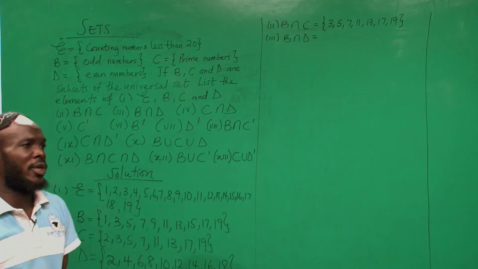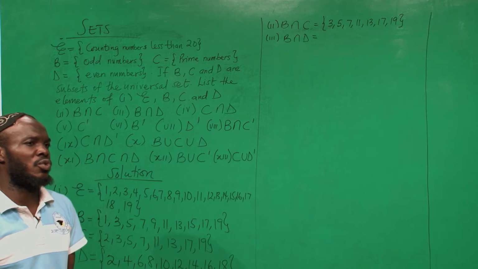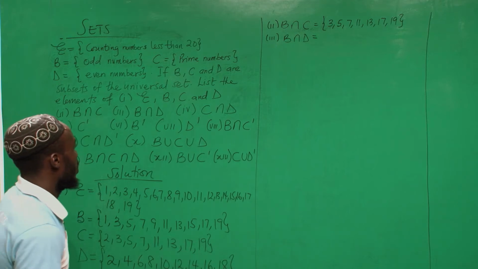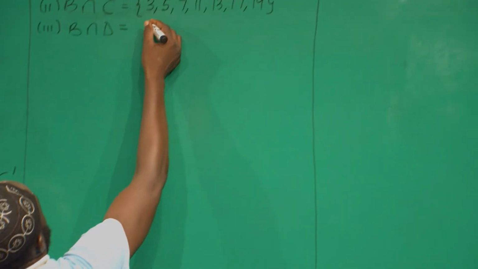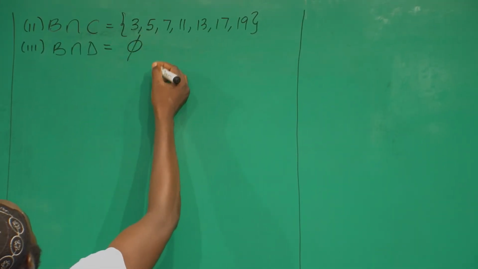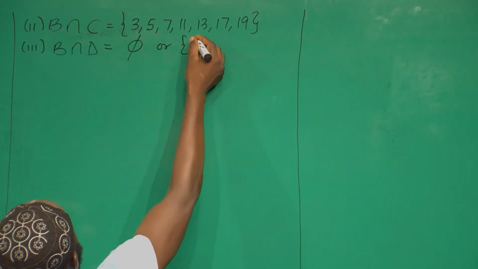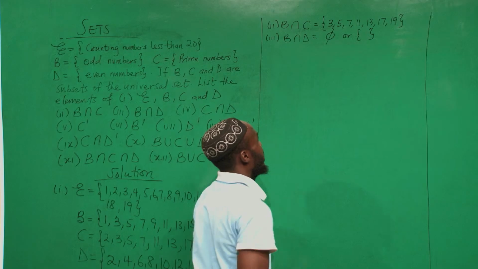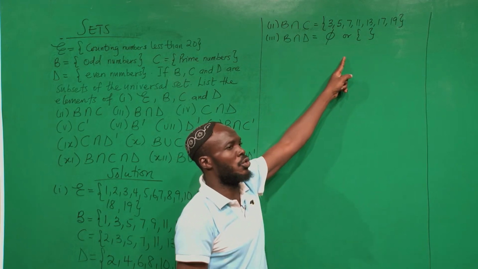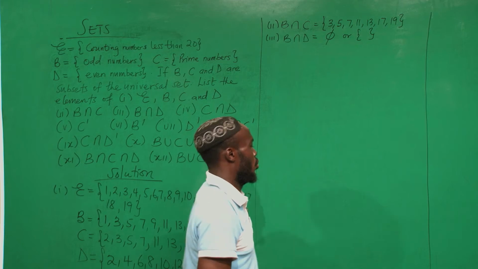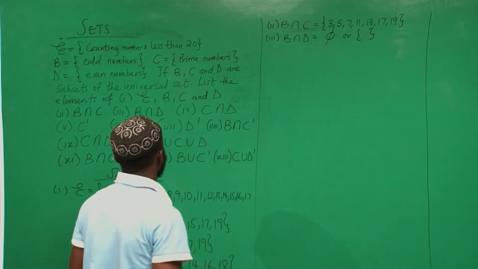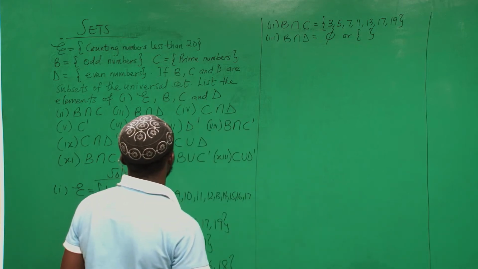So what did we say when there are no members in common? We learned that we are supposed to use a null set. So this or that. But in an exam, please don't produce both. Choose one. Either you choose this or that.